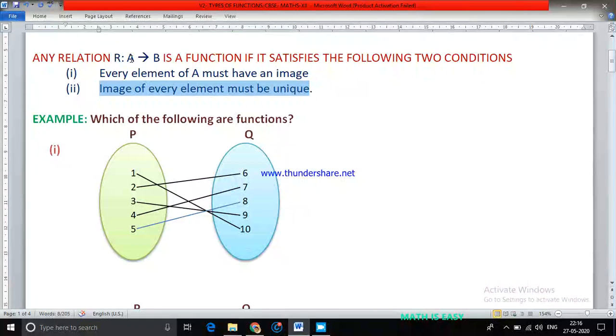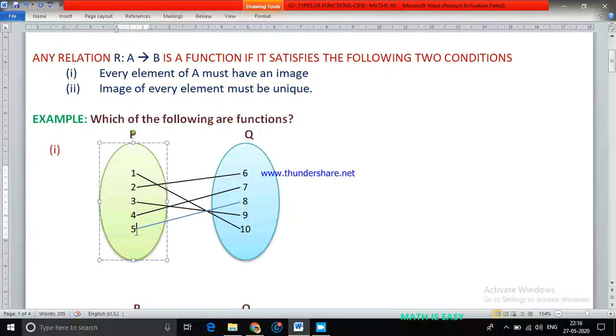Take an example to understand which of the following are functions. If I say P to Q, first I check whether every element of P has an image or not, and whether that image is unique or not.